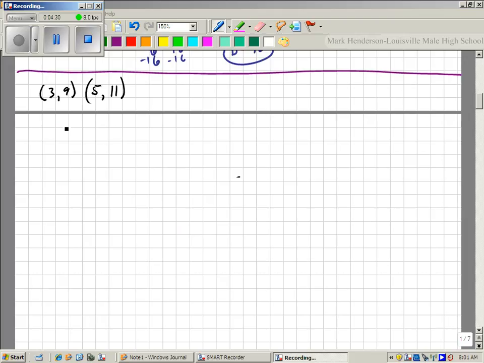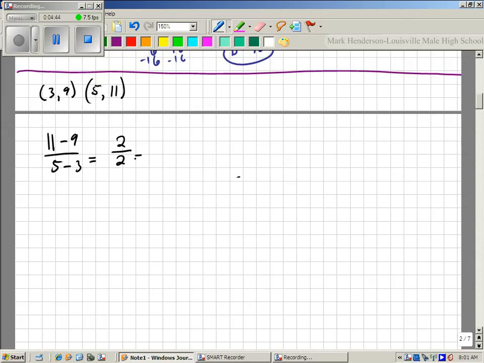So here's the answer. We get 11 minus 9 over 5 minus 3. So we get 2 over 2, which is 1. So our slope here is 1.